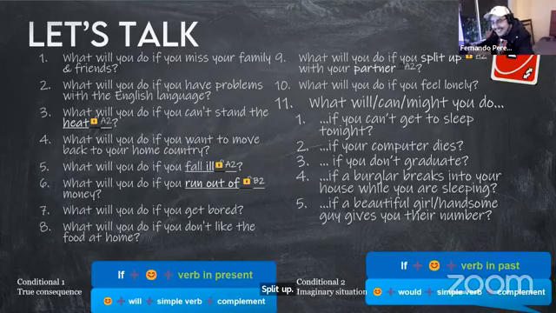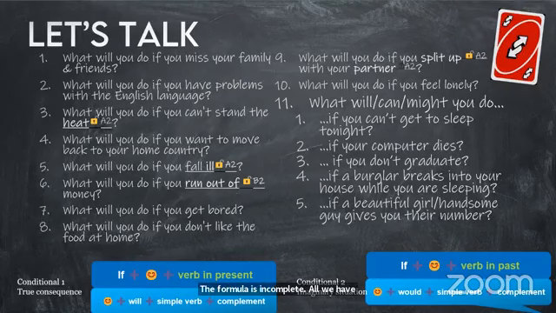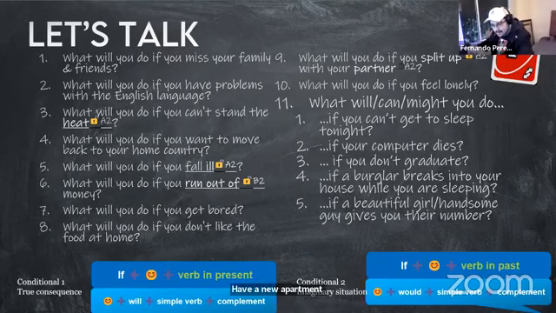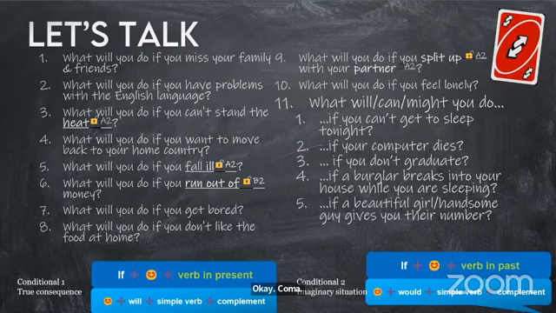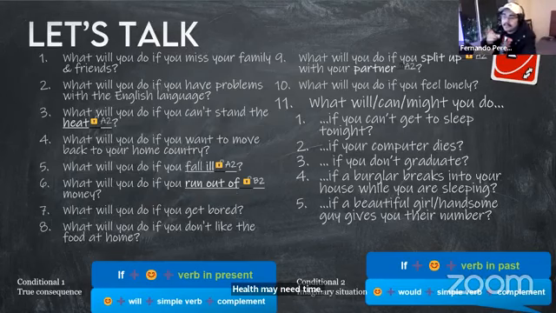Okay. Now let's fix your idea, because I don't understand. The formula is incomplete. One more time. If you have a new partner, comma, how many times? Yesterday we learned the question for time. What is the question for time?